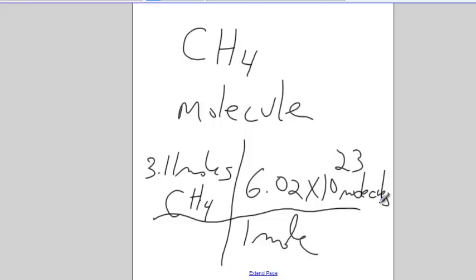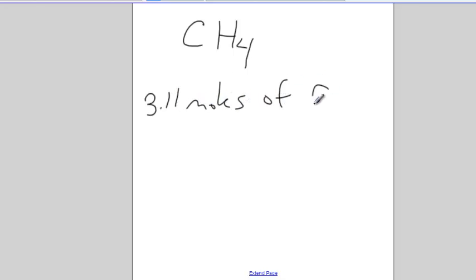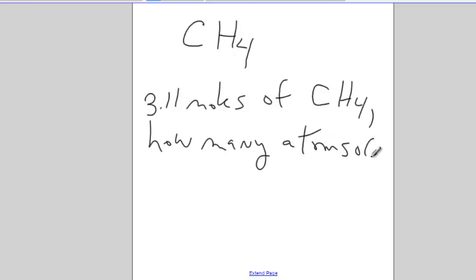I could actually go further. I could say something like, if I have CH4, and I say something like I have 3.11 moles of CH4, how many atoms of H? Now I have to add another step.